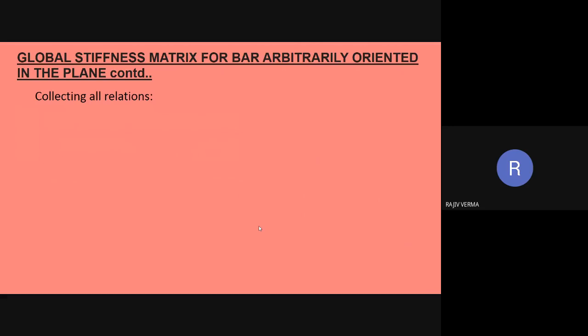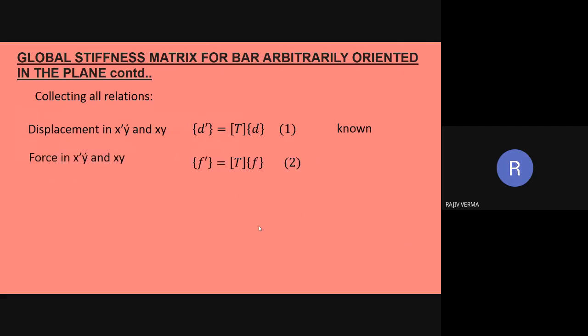Now collecting all the relationships together, we have a displacement relationship given by equation number 1, which in fact is a known relationship, because we know the angle of inclination between the two coordinate systems. Similarly, the force matrix is also identical. This also is a known relationship. A force versus displacement in local coordinate given by equation number 3 is also known.